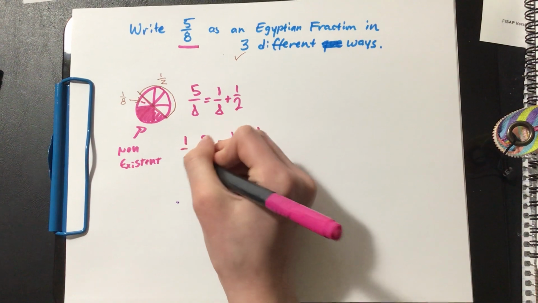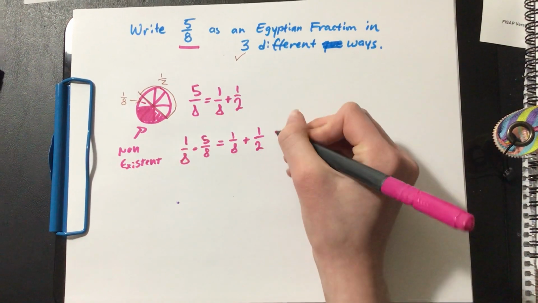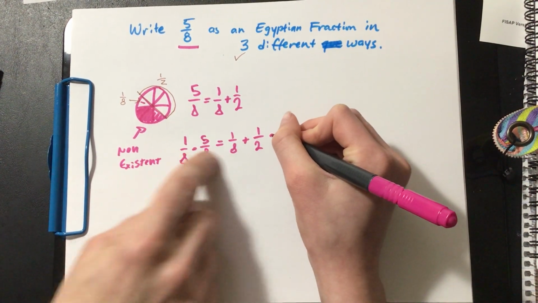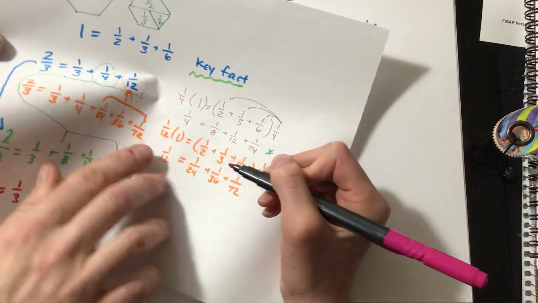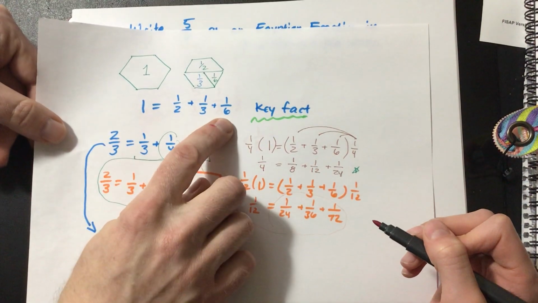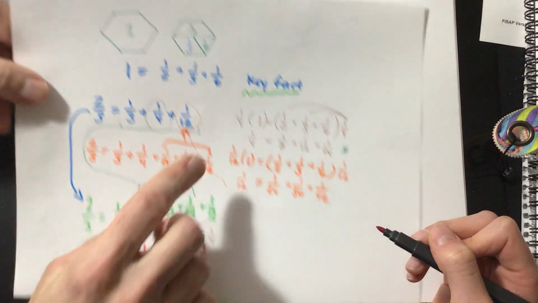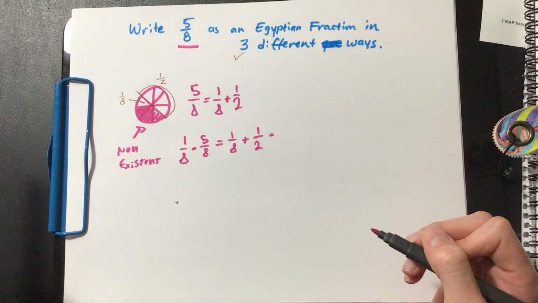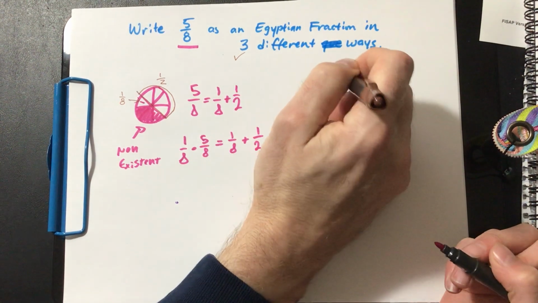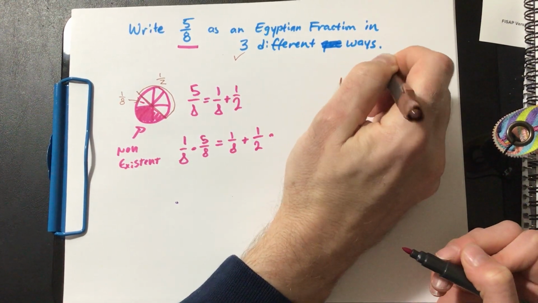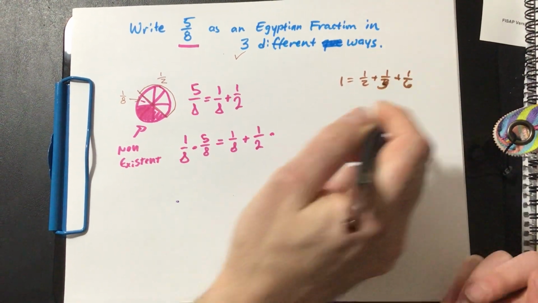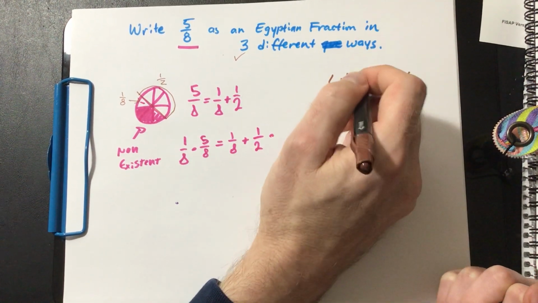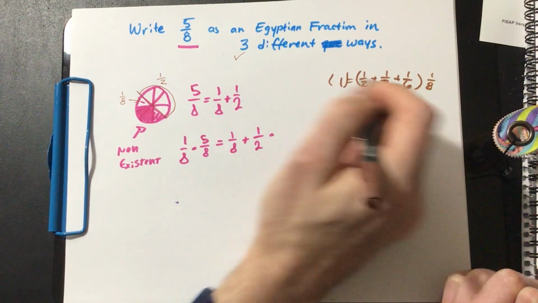Okay. So, let's go with 1/8 then, times 5/8. So when we do the key fact, we don't multiply this one by 1/8. We take the key fact and we multiply it by 1/8. Like you would start with 1 equals 1/2 plus 1/3 plus 1/6, and then multiply this by 1/8.